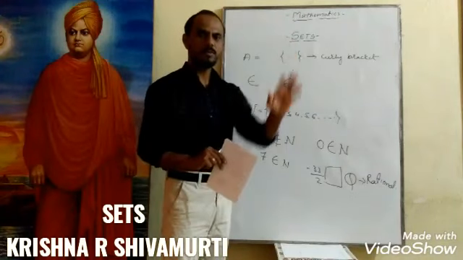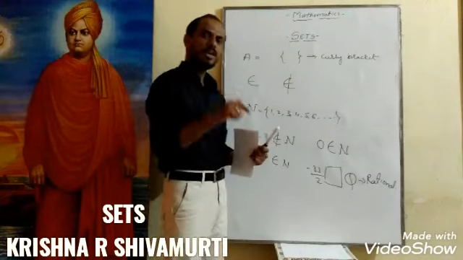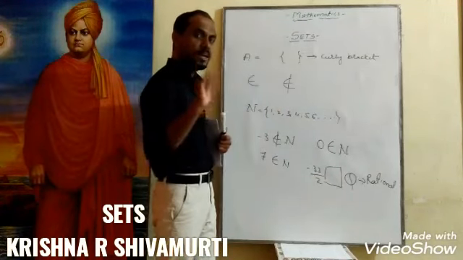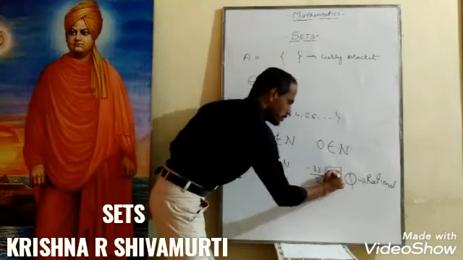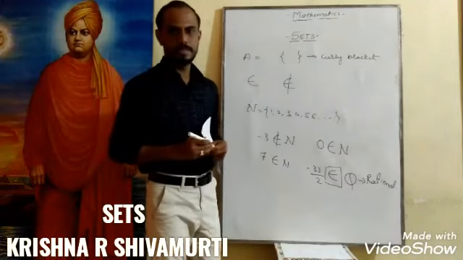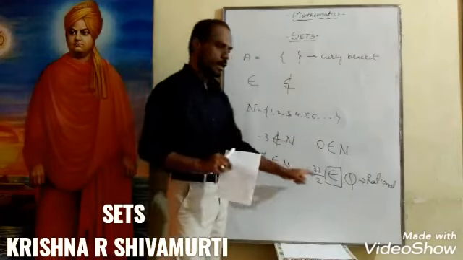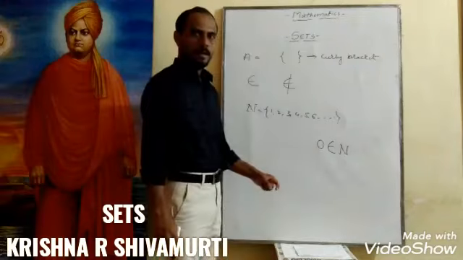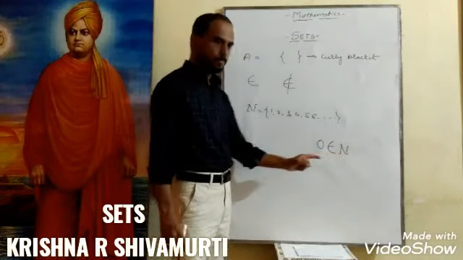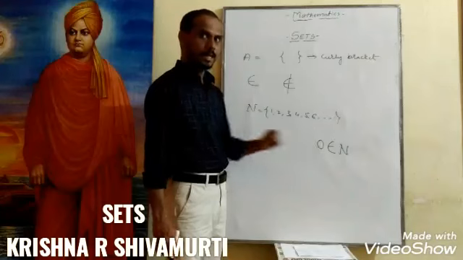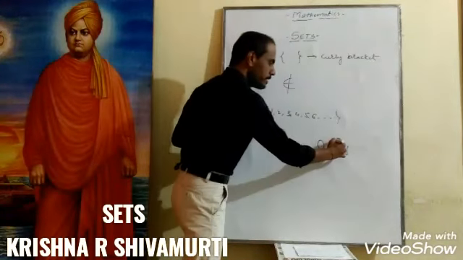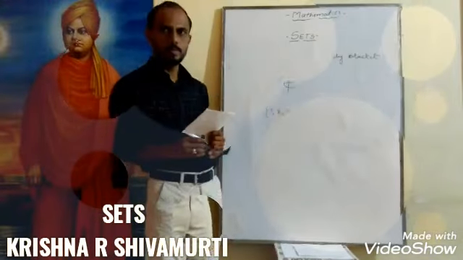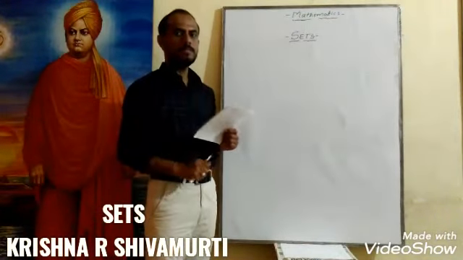The denominator should be positive, not the numerator. Hence, students, we have to use is an element here. Definitely it is an element. I hope you understood. The next concept: I said is not an element, but I used the symbol is an element; actually, this is the symbol for not an element.